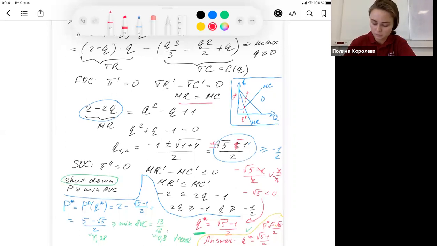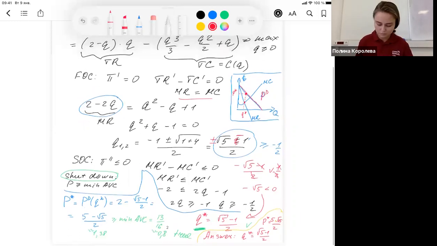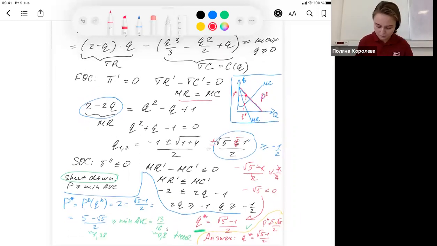Agree? So this is the maximal price for which consumers will buy the good. This is the inverse demand function. So for finding the optimal price, we put our optimal quantity that we found into the inverse demand function.